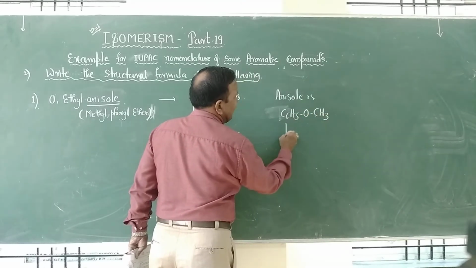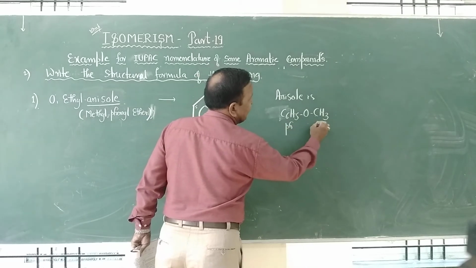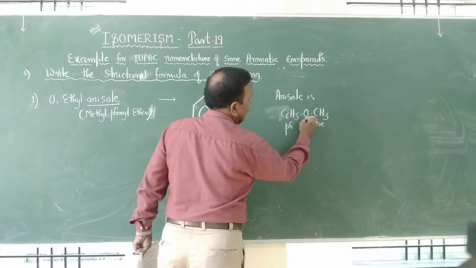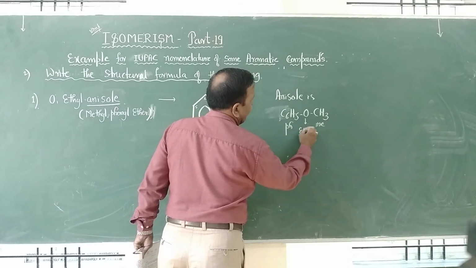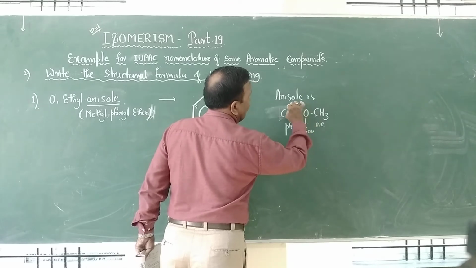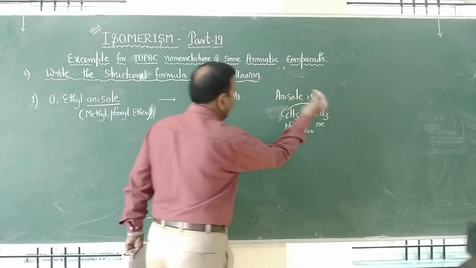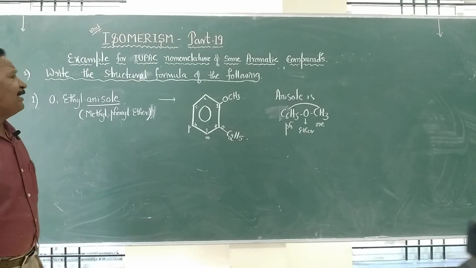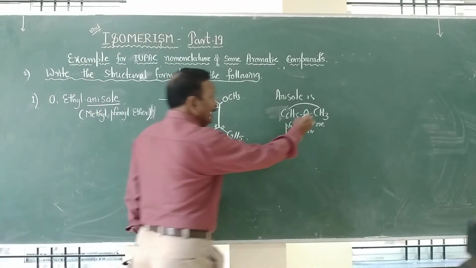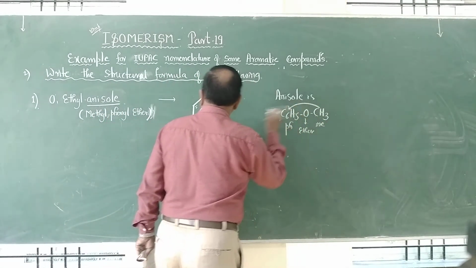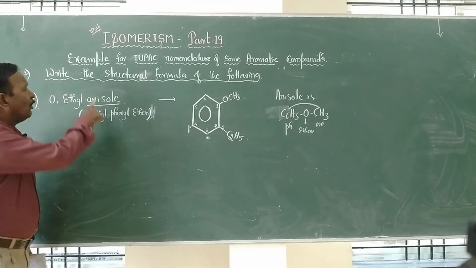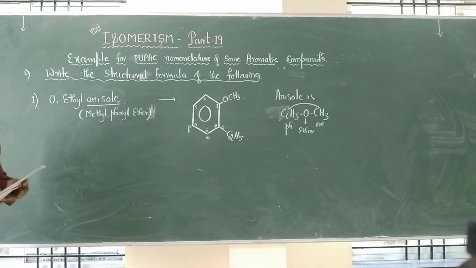So this is a phenyl, this is a methyl, and this is ether. So phenyl, methyl, ether, or methyl phenyl ether. That is called anisole.